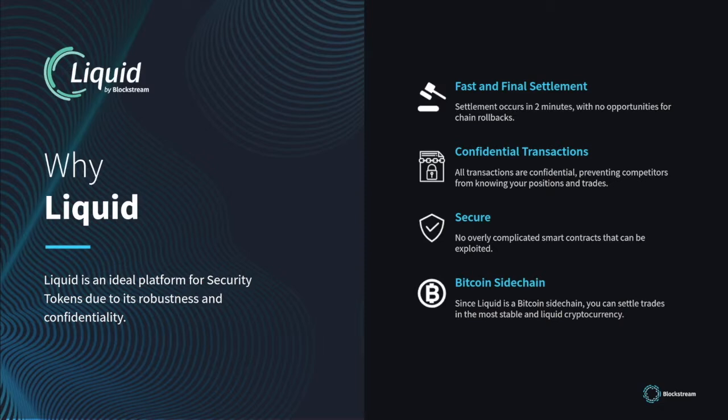These features make Liquid an ideal choice for Bitcoin traders and exchanges as they enable faster, more confidential Bitcoin transactions. But one core feature of Liquid in particular, the ability to issue your own assets on the network, enables us to deliver security tokens on the Liquid network, with all the other features such as confidential transactions and rapid settlement also benefiting any tokens managed by the platform.